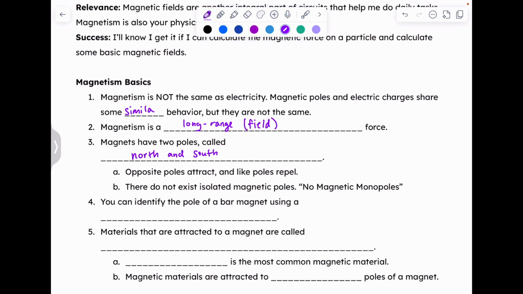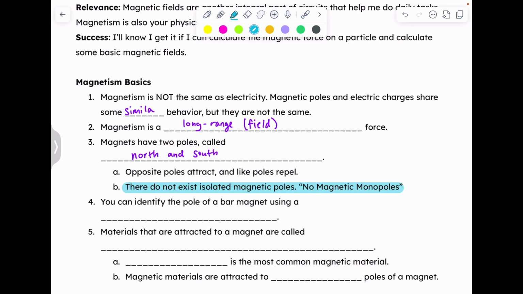One thing to note, though, is that in nature, there's no such thing as an isolated magnetic pole. Electric charge exists as what we call a monopole. A proton by itself would be an electric monopole. And if we put a proton and an electron together, that would give us a dipole.